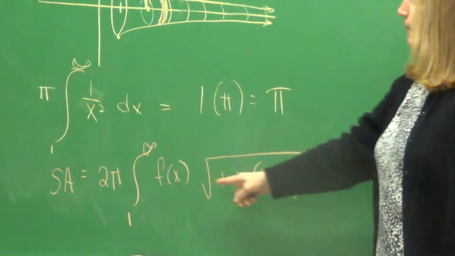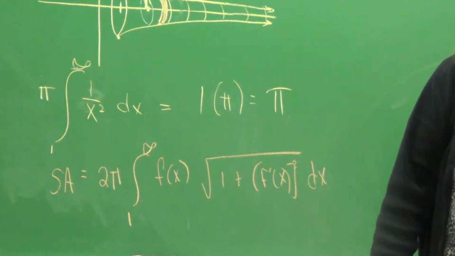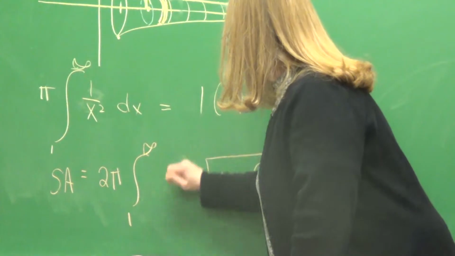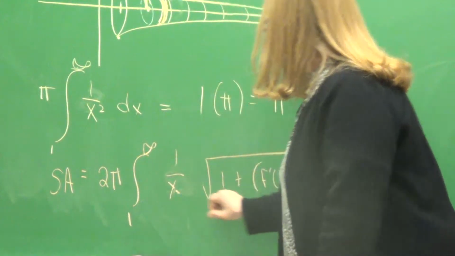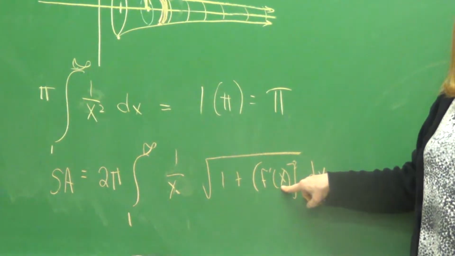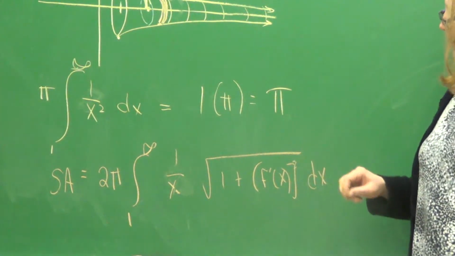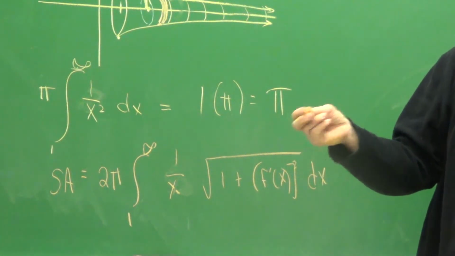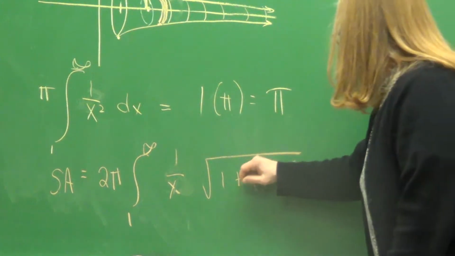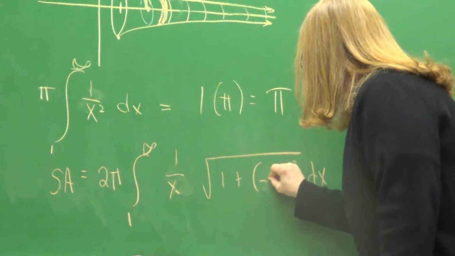The function f of x in this problem I can replace because I know what the function is, 1 over x. And in the middle of this formula, I have to take the derivative of 1 over x. What is the derivative of 1 over x? Being x to the minus 1, it's minus 1 over x squared.